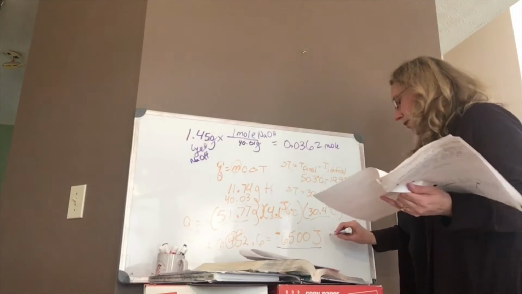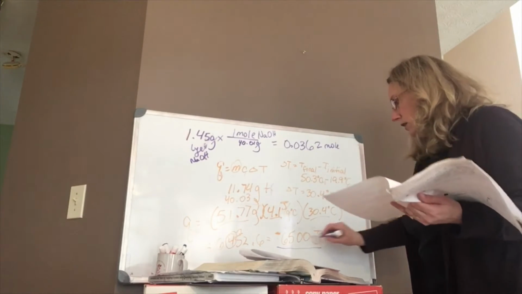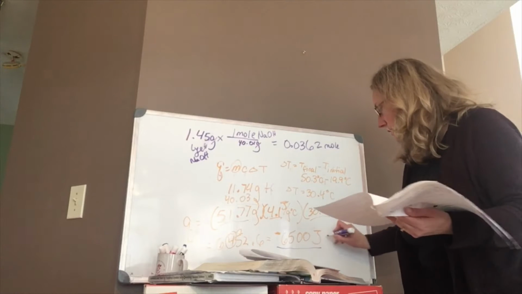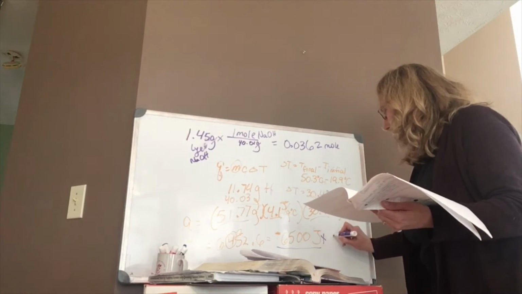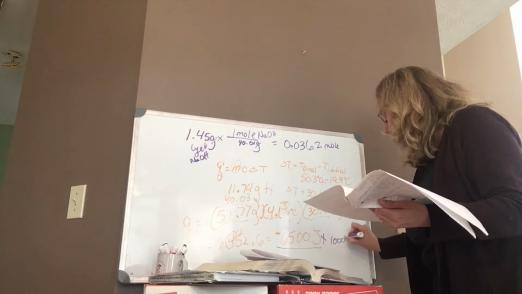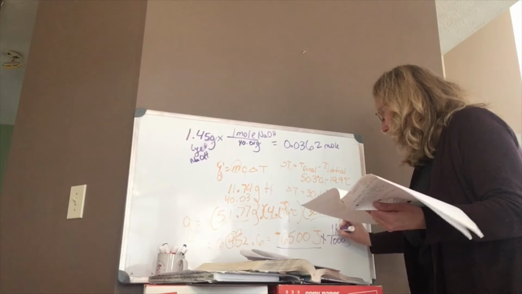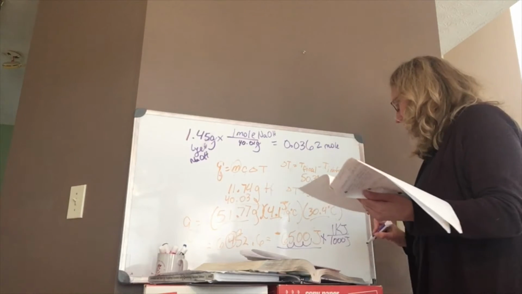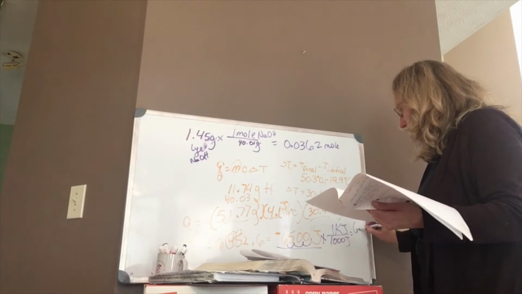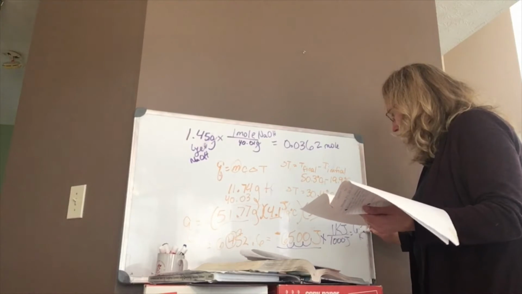So remember, kilo means 1,000. So I should multiply it by, there are 1,000 joules in 1 kilojoule. So I'm going to move my decimal place over 3 places. So this is really 6.5 kilojoules.